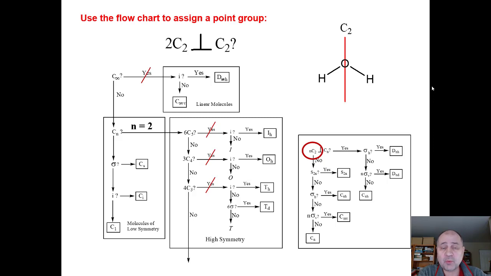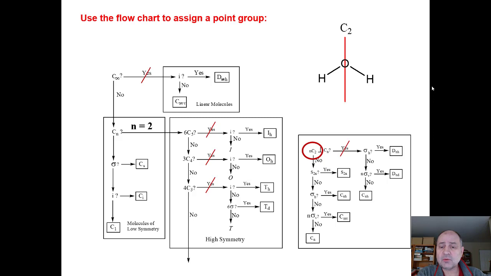So we're looking for C2s that are perpendicular, and they would have to go through the oxygen and dissect kind of like this, or maybe like this. So anywhere through the axes and then possibly through the oxygen. But any of those perpendicular C2s would bring those hydrogens up and out of whack. And you've got to remember that your hydrogens can exchange, but it needs to be after the symmetry operation. It needs to be completely indistinguishable from the original position and molecule. So that's a definite no-no here.